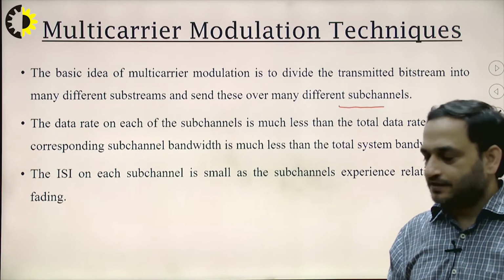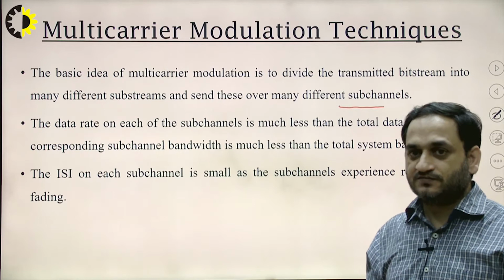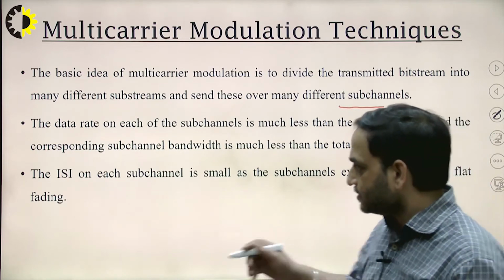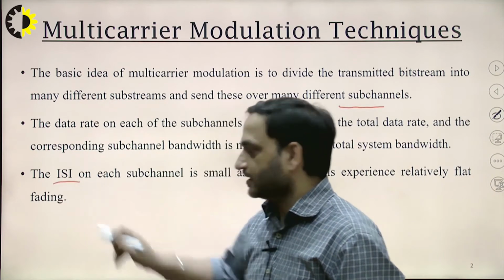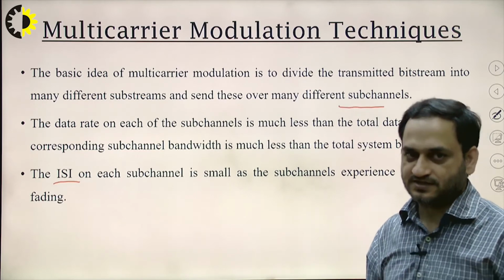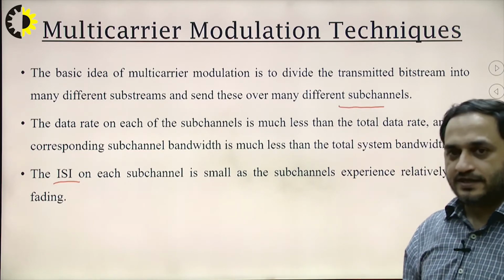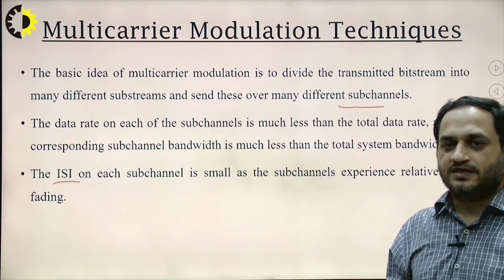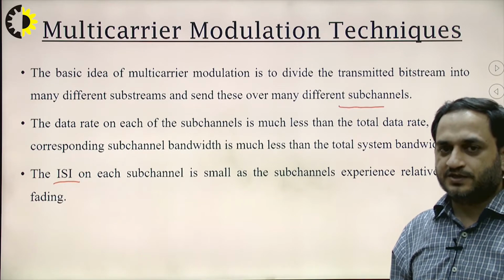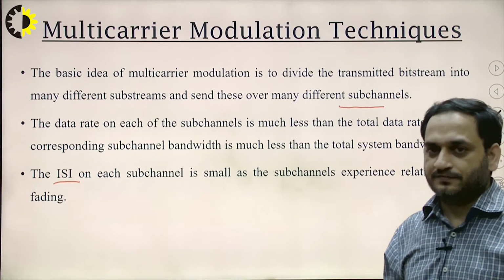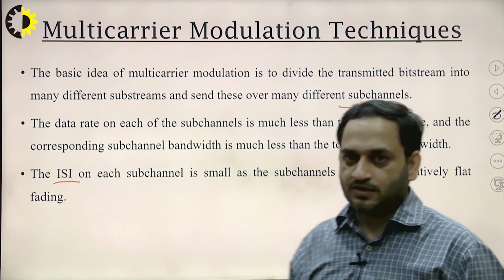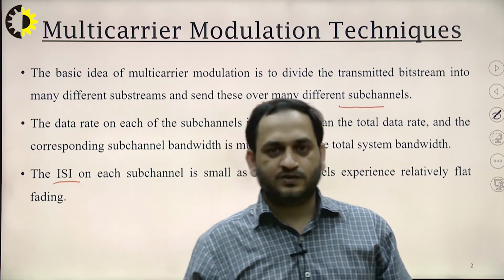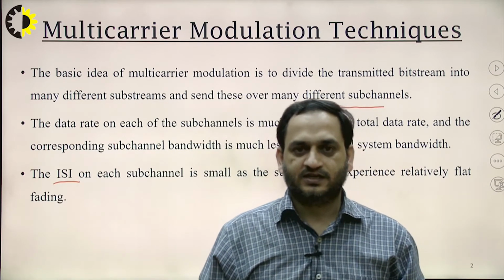What is the reason behind this? It is to reduce the ISI, inter-symbol interference. The ISI on each subchannel is very small as compared to the complete channel. So to reduce the ISI, we use multi-carrier modulation.